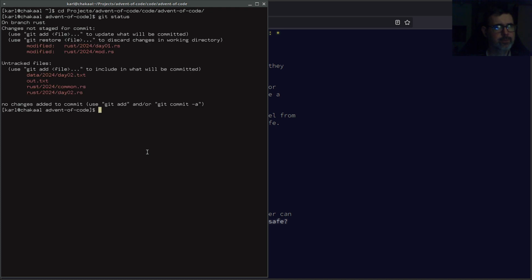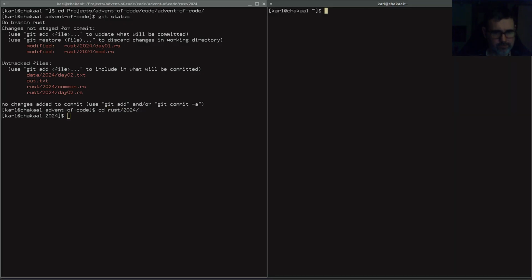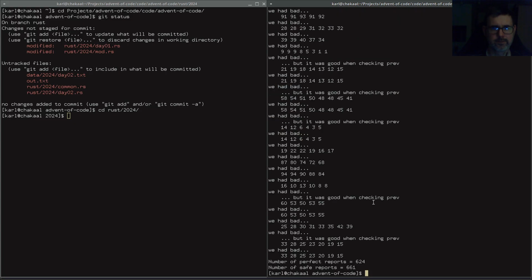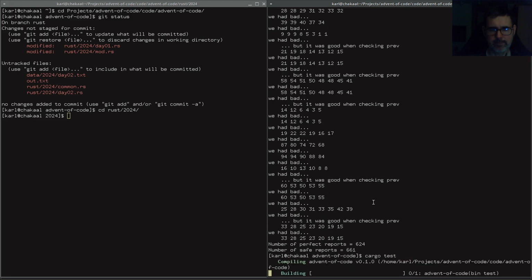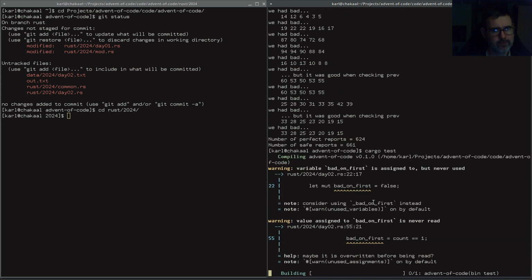And we have a big mess in here right now. So when I go into Rust in 2024, let's get my other terminal in there. And we'll stay here. I think we are actually running and compiling. We even have passing tests.